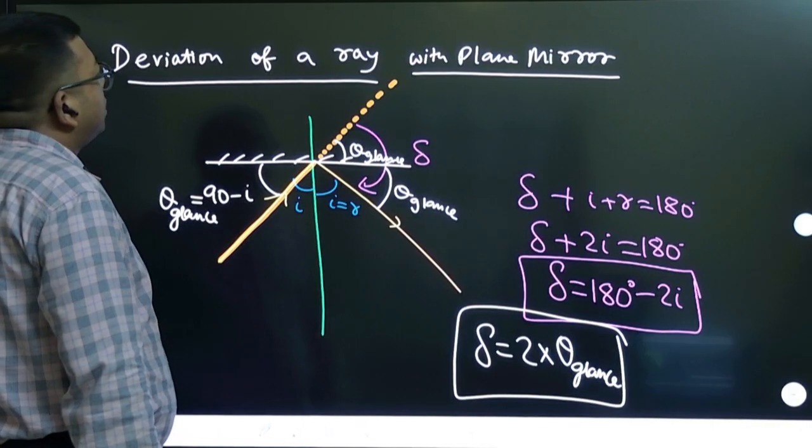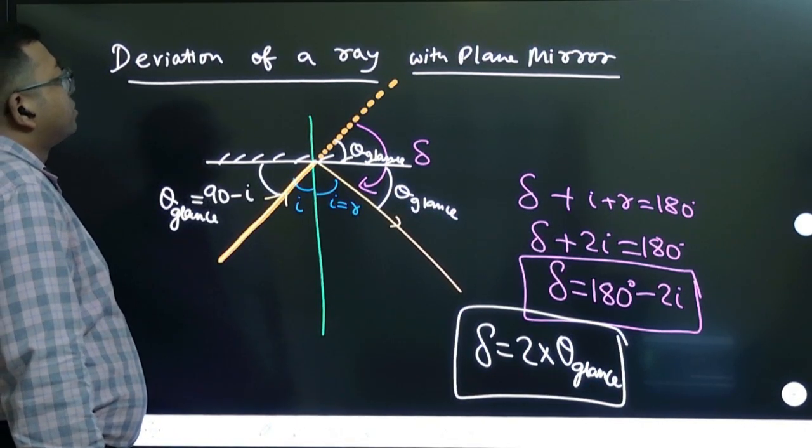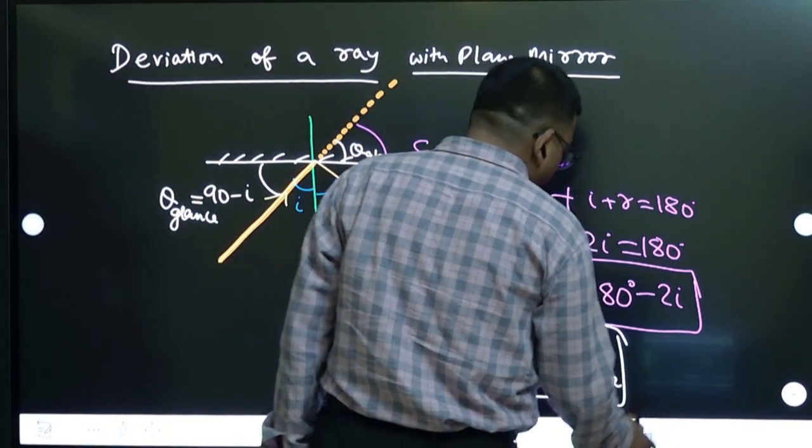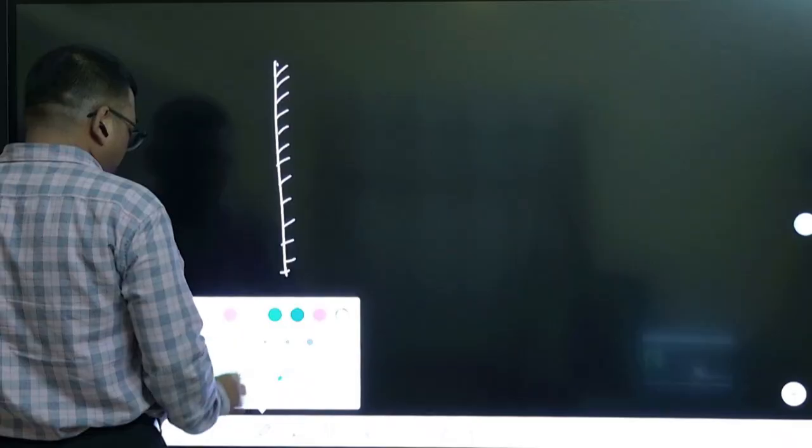Right. Then what about rotation? Let us take rotation. Suppose this is a plane mirror and there is an incident ray coming this way.